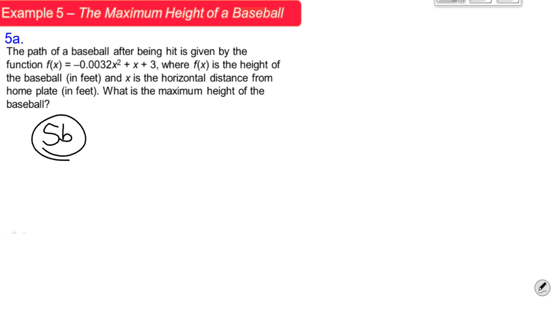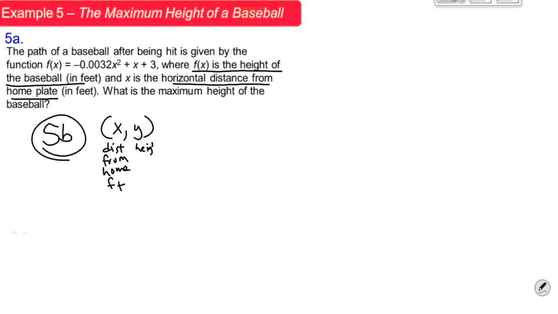So I'm just going to write myself some little notes here. In an xy coordinate pair, x is the horizontal distance from home plate in feet, and y is f of x, the height of the baseball, also in feet.